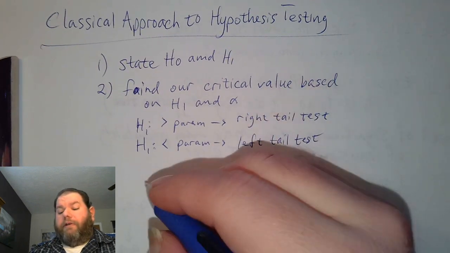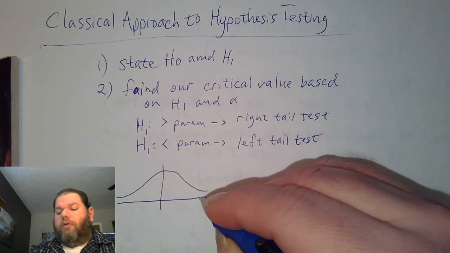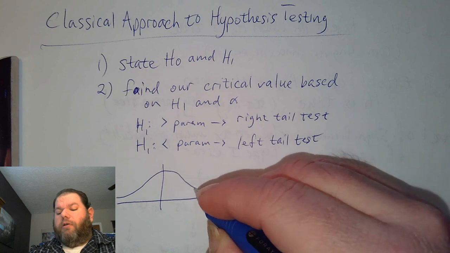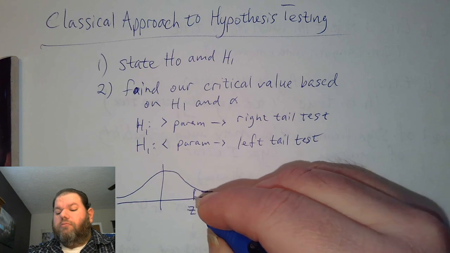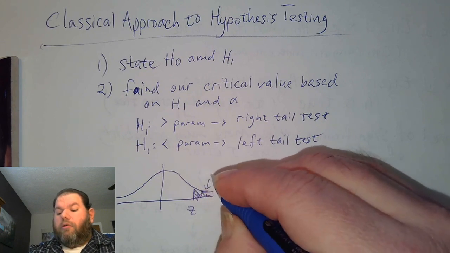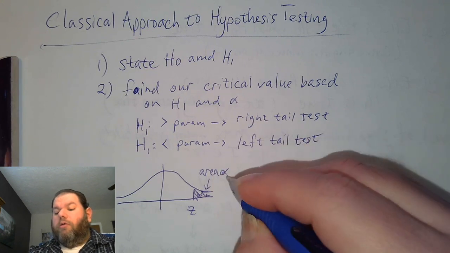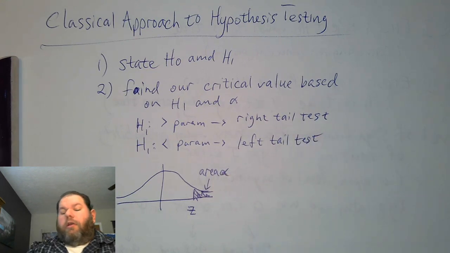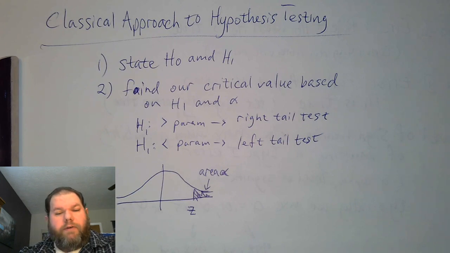So if we have a right-tailed test, looking at our normal curve, that means that there's some critical value z, where the area to the right of this value is equal to alpha, which is our level of significance.